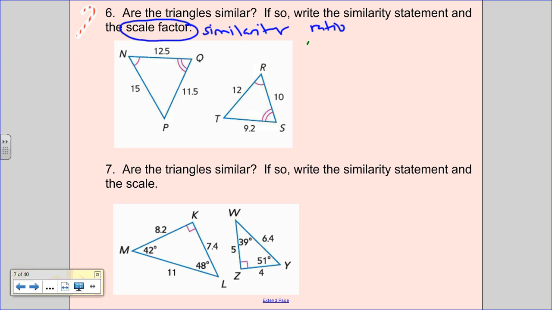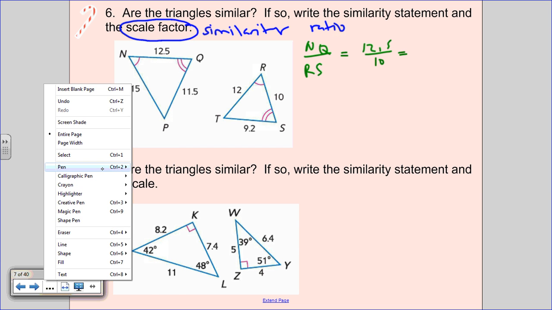So in Q to RS, let's try that first. So that's 12.5 to 10. And I'm sure it can reduce.